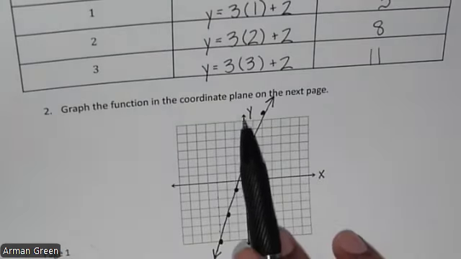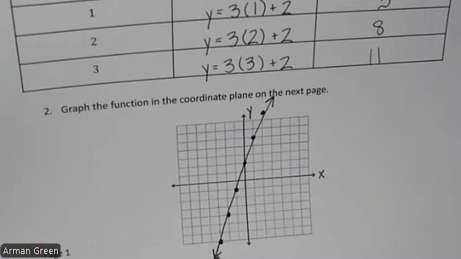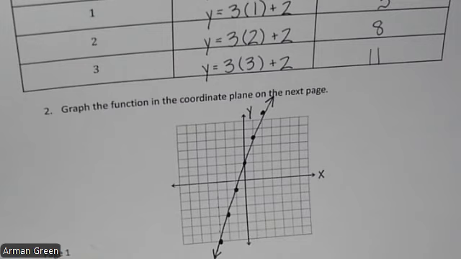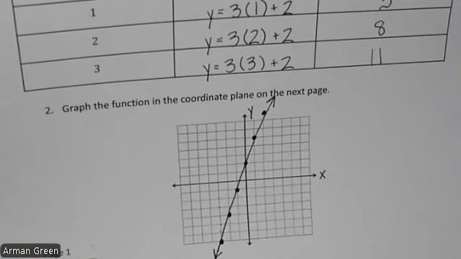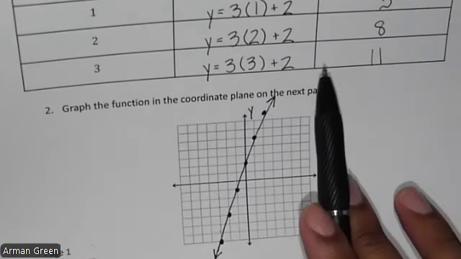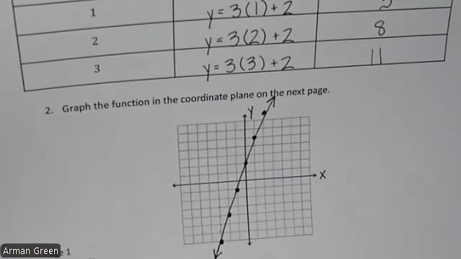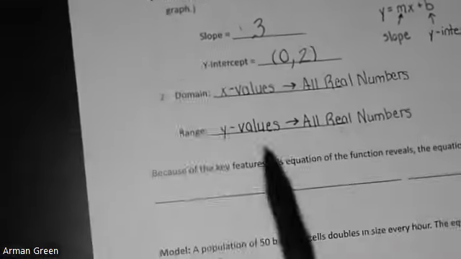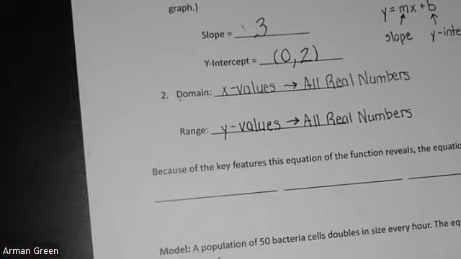And similar to that, my graph is going to keep going up on one side and keep going down on the other. So no matter what, my y values are going to go either to positive infinity or towards negative infinity. That's why we can say that our range is all real numbers as well.